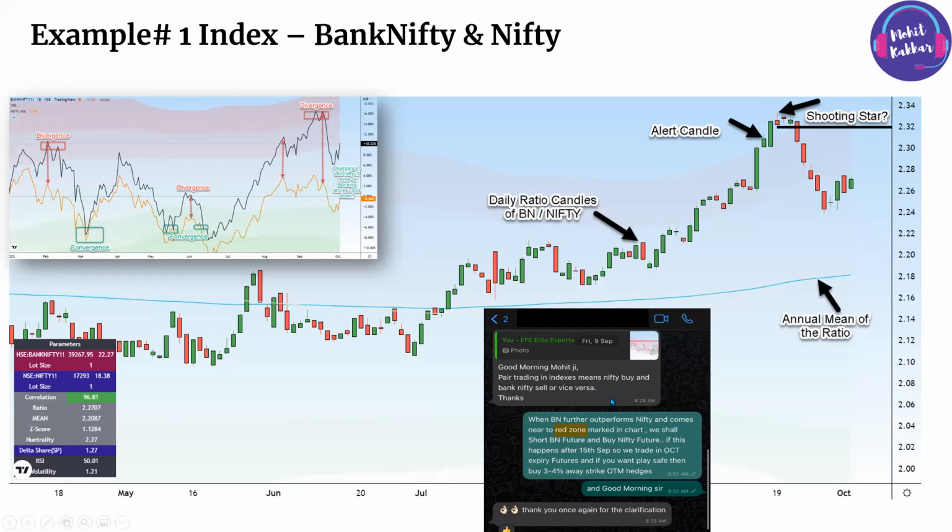Since he was interested, I thought he might take a trade. I told him that if you want to play it safe, you can buy 3% OTM hedges as well. Meaning if you are shorting Bank Nifty, you can also buy a call 3 or 4% away. Similarly, if we are going long Nifty, you can buy a put 3 or 4% away. What will happen is profitability might reduce a little bit.